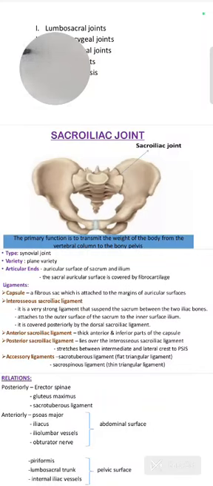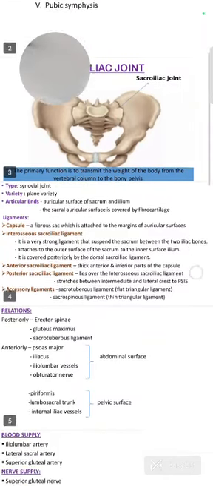The next ligament is the anterior sacroiliac ligament, which is thick and located at the anterior and inferior parts of the capsule. The posterior sacroiliac ligament lies over the interosseous sacroiliac ligament and stretches between the intermediate and lateral sacral crests to the PSIS, that is the posterior superior iliac spine.